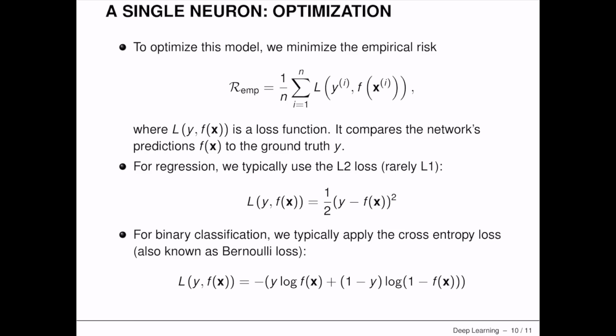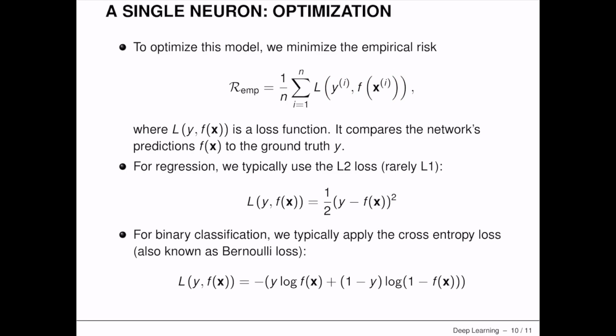Recall that the empirical risk is given by the sum over training examples of a loss function, which gets 2 arguments: on the one hand, the network prediction, and on the other hand, the ground truth.